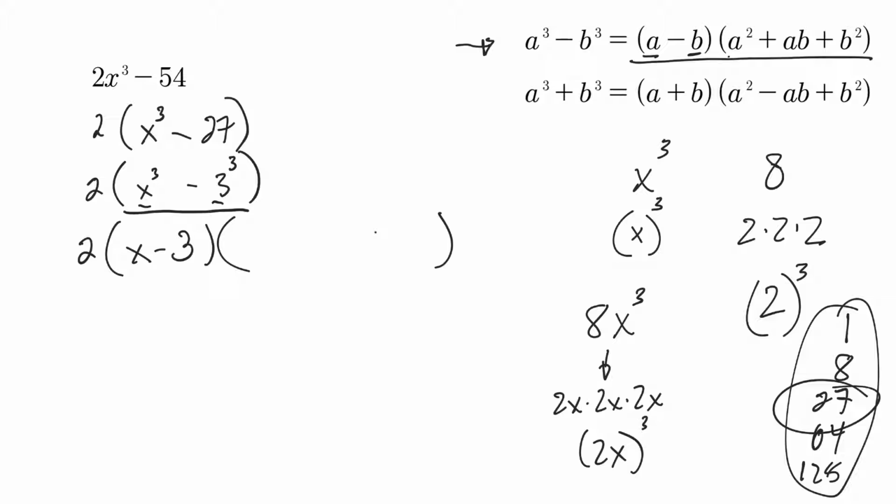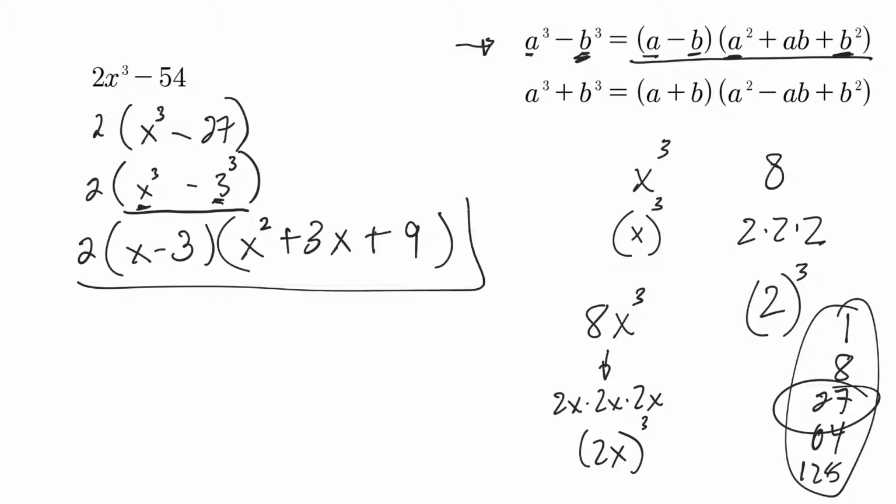And then it's the first thing squared, so x squared, plus a times b, so the first thing times the second thing. So x times 3 would just be 3x. And then it's b squared, or the second thing squared, so 3 squared would be plus 9.